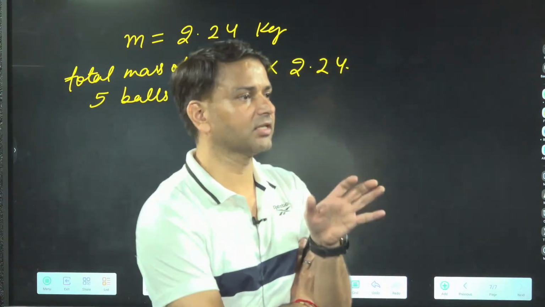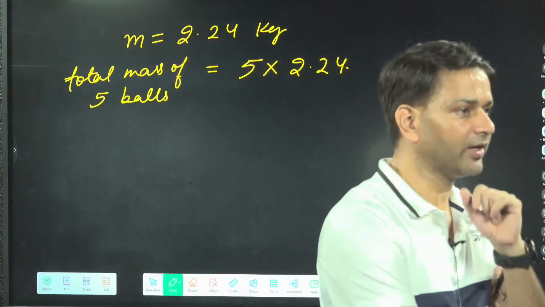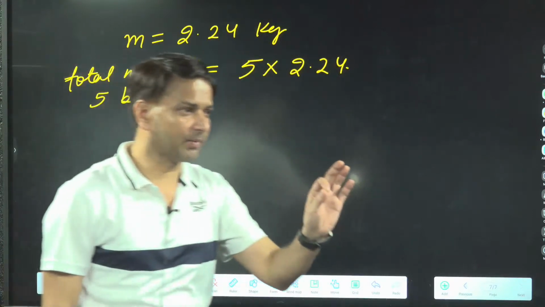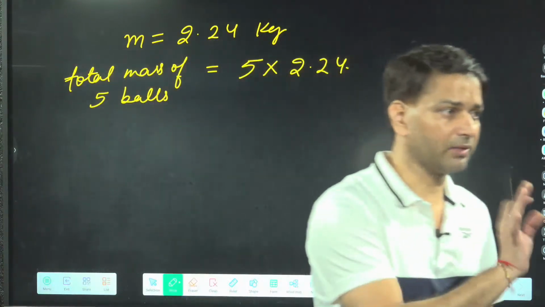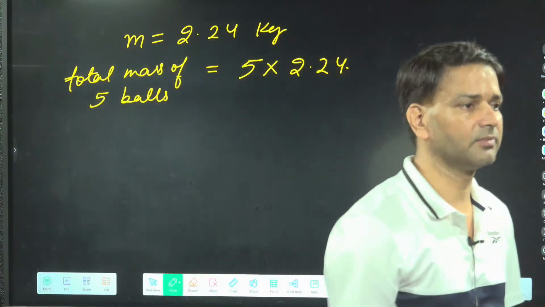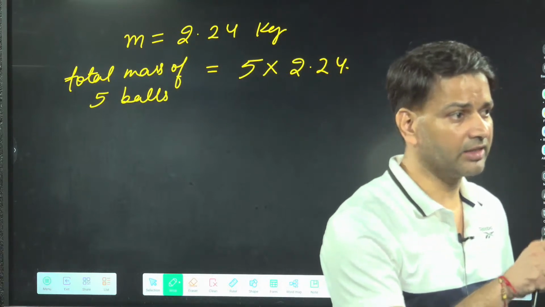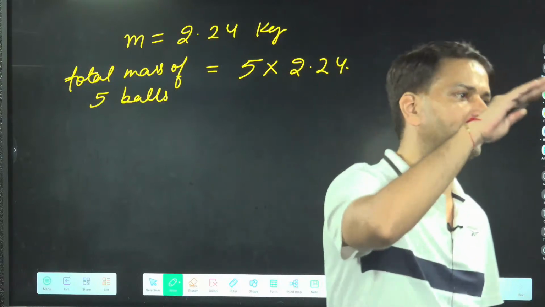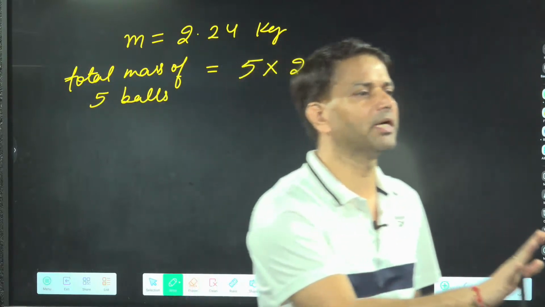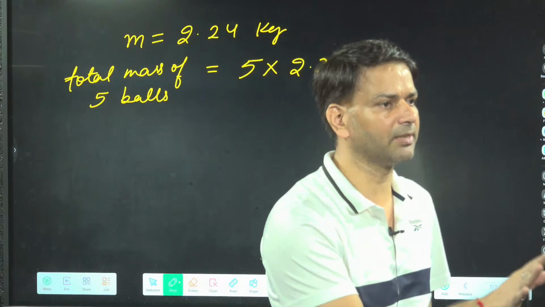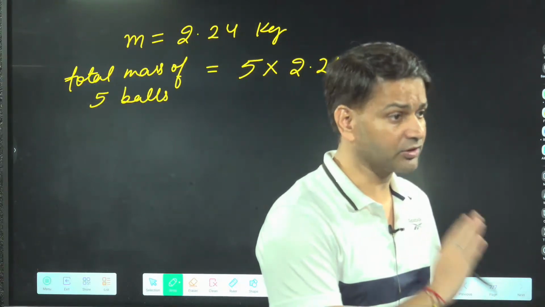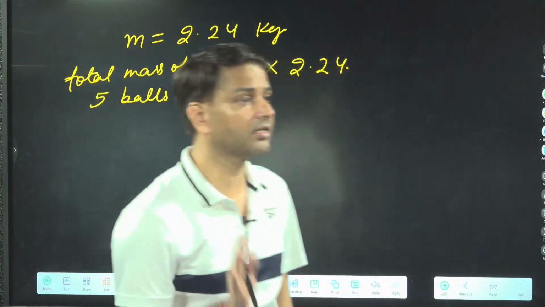Because I am asking the mass of 5 balls, you are multiplying this by 5. But when any constant numeric multiplier is there, like here 5, this 5 is not experimental data. This 5 did not come from any experiment. This 5 is only the multiplier. I'm asking the mass of the 5 balls, so this 5 is not coming from any experimental data.